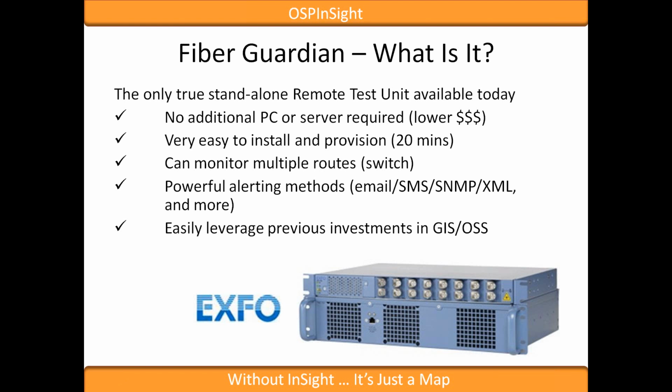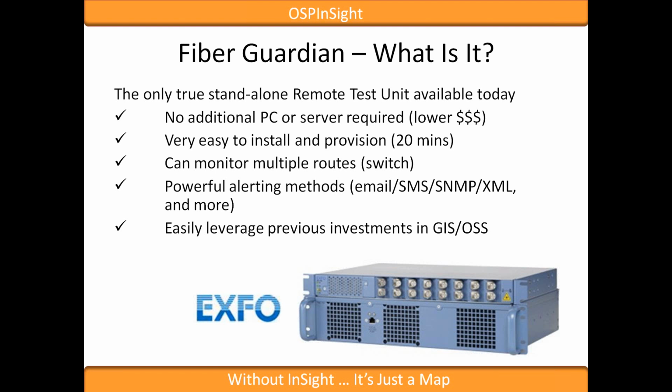And if you look at the situations that I went over in this presentation so far, that's a very small investment compared to the return that you're going to get on that. So we're pretty excited about this piece of equipment.